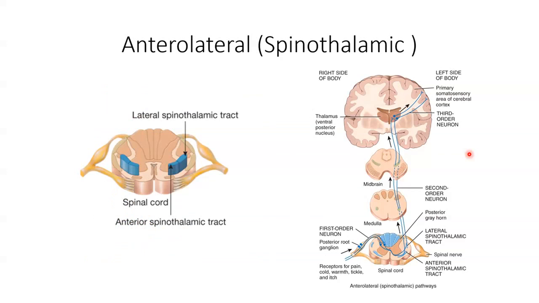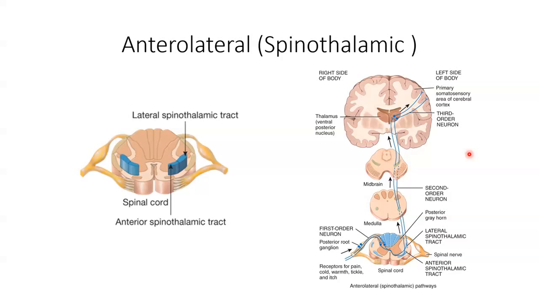The next major somatic sensory pathway is our anterolateral, which can also be called our spinothalamic pathway. And similar to the posterior column medial lemniscus pathway, this pathway is called the anterolateral or the spinothalamic pathway because these axons enter the white matter on the anterior and the lateral side of the spinal cord, and then they ascend to the thalamus through the spinothalamic tract.